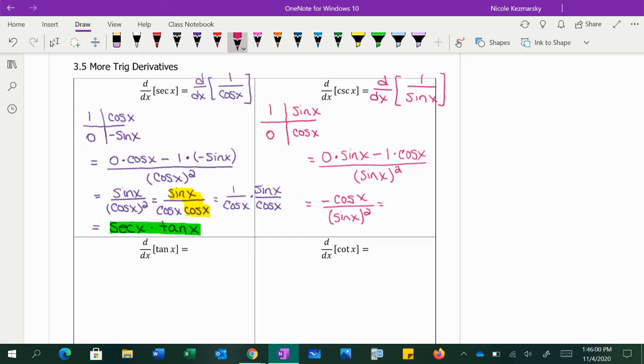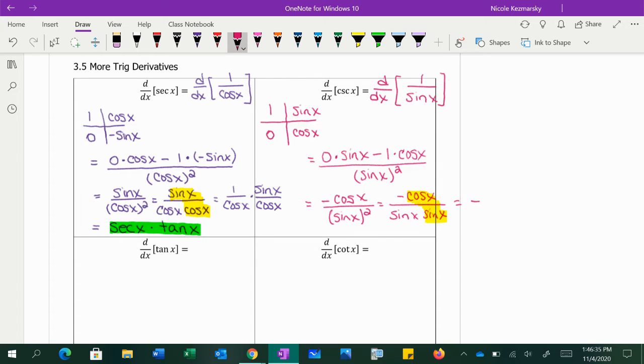And to be clever, I'm going to then say minus cosine of x over, and just like we did for the other one, I'm going to split up the sine. So I'm going to write sine squared as sine of x times sine of x. And then, just like I did before, assign the cosine to the sine of x. And that means that now I have the negative sign.